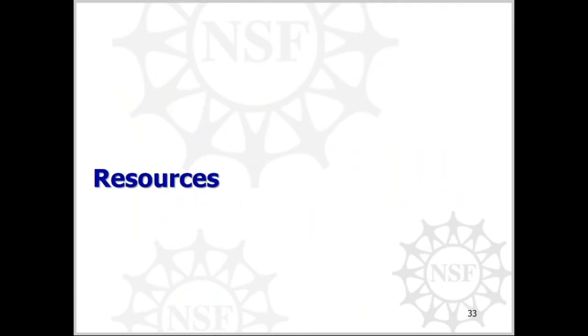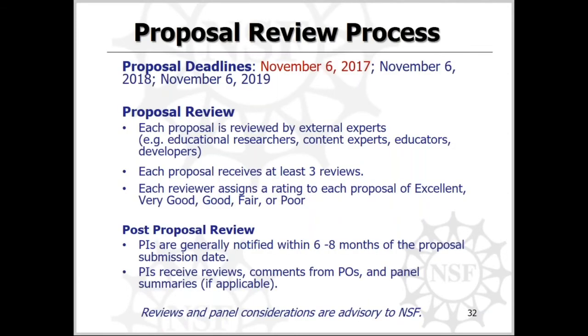The division director then also reviews and signs off, and then the grant is made by the Division of Grants and Agreements. If a proposal is not funded, then PIs receive a letter of decline with 3 or more reviewer comments.